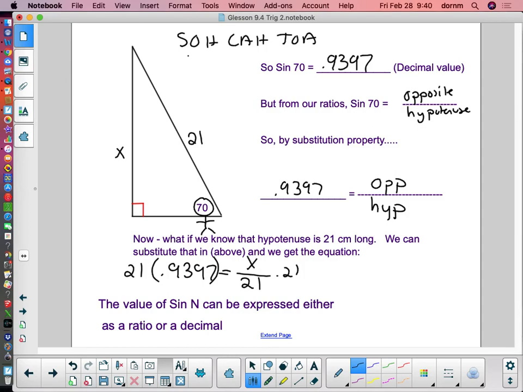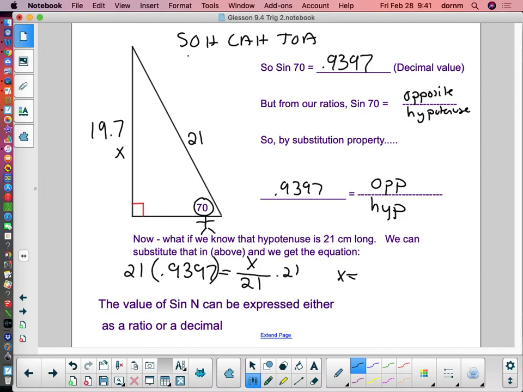Why was it sine? Because it's opposite and hypotenuse, and because we kind of set it up that way. Okay? And if I do that, what do I get for x? 19 to the nearest tenth, 19.7. Nearest tenth would be 1 spot. Okay? So that side is 19.7.